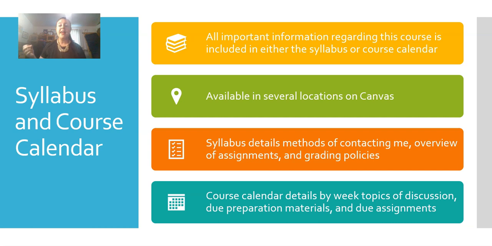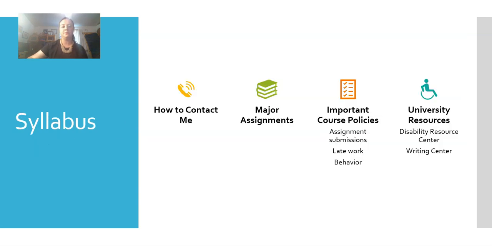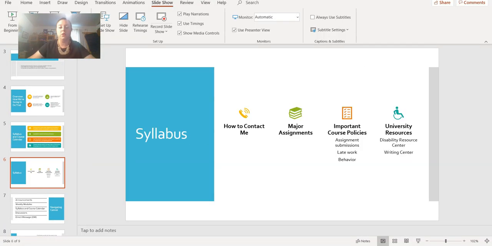The course calendar details bi-week topics of discussion, so what exactly we're going to be looking at, due preparation materials, and due assignments. Also on the course calendar, I do have important DSU due dates that are more university-wide considerations and not necessarily relevant to English 2010. So with the syllabus, what we're going to specifically keep an eye out for will be methods of how to contact me, major assignments that we'll be doing, important course policies, and university resources. So let's take a look at the course calendar.